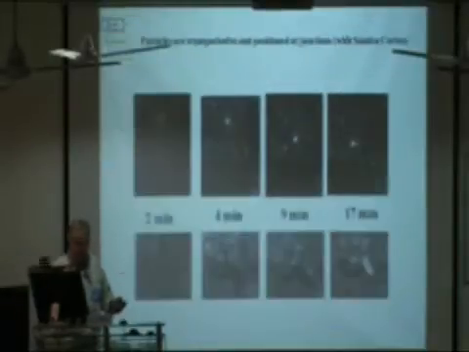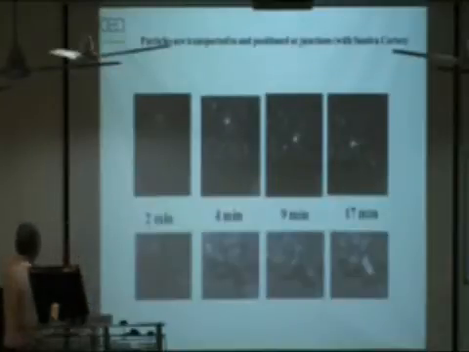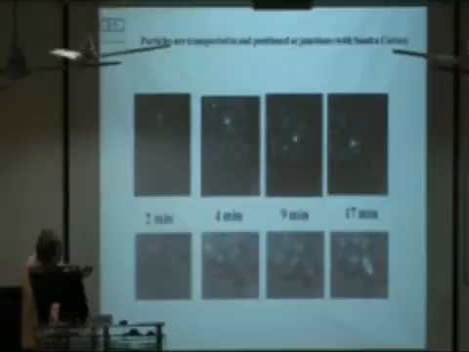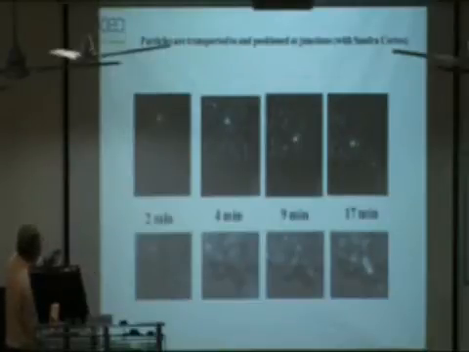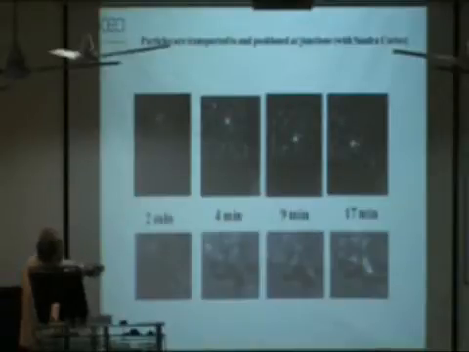If we look more closely at this, here you see a magnification of one of the junctions. I don't know if you can see that very well. This is a central square. There's a junction here. Here you can see the particles, and you can see that this particle here is gradually being transported and moved towards a junction.